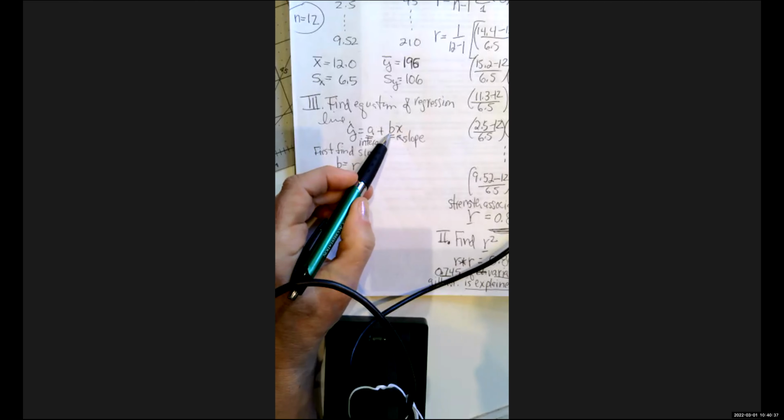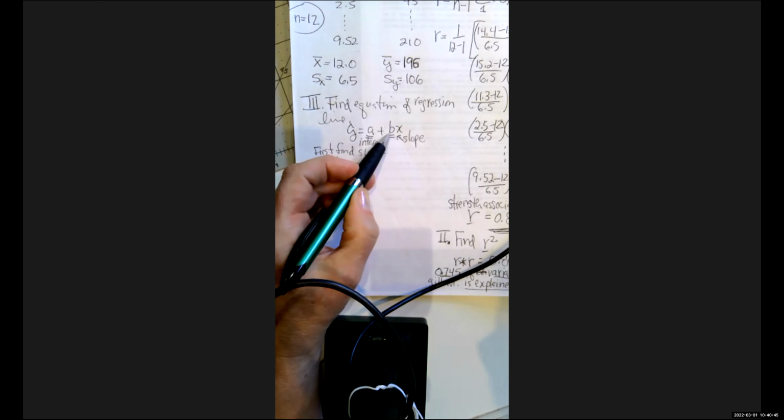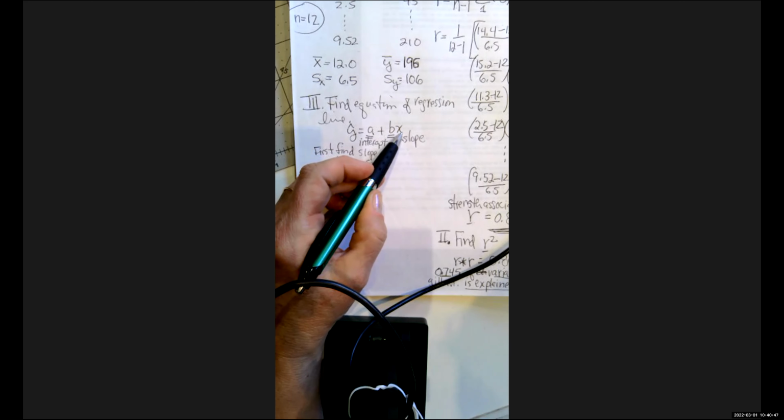All right, so look at this equation. We're multiplying the slope times little x, then we're going to add it to a, and that's going to give us a y value. So the slope is actually converting from the units of x to the units of y. We can't add units of x together with units of y, so we have to convert our units of x into units of y.